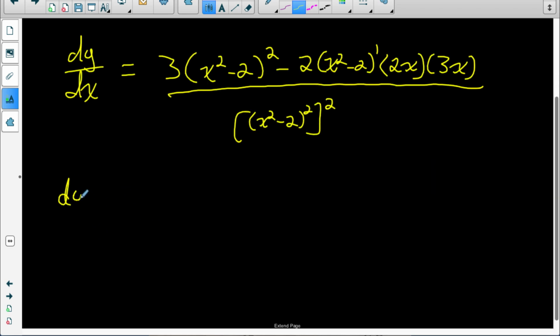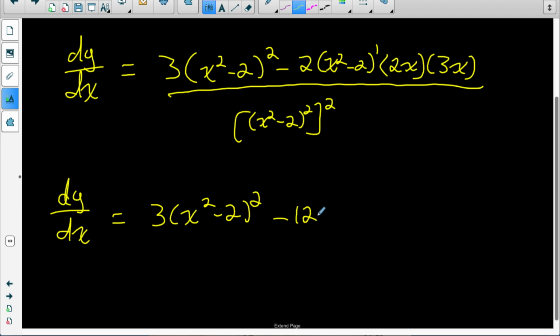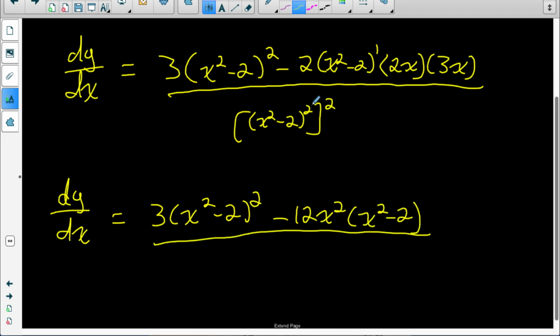So dy over dx equals, and I'm going to leave this 3x squared minus 2 squared, but then over here I've got a factor of 2, 2x, and 3x. I can combine those and get 12x squared. And in the denominator, I have x squared minus 2 squared squared, so the power of a power, I multiply those exponents together, so it becomes x squared minus 2 to the 4.